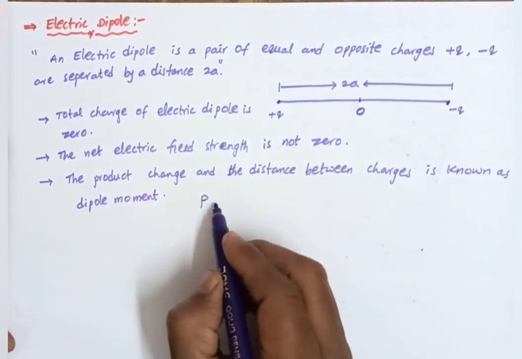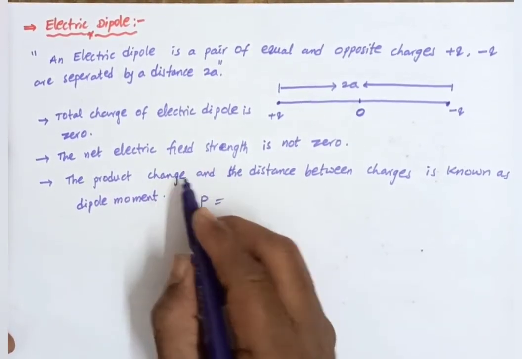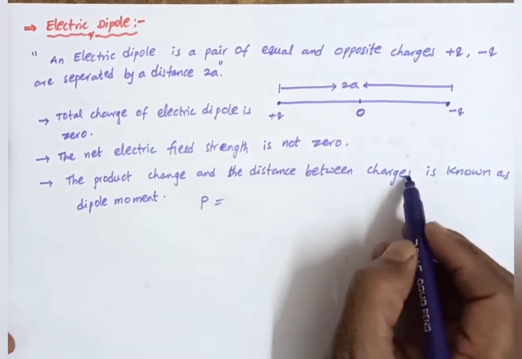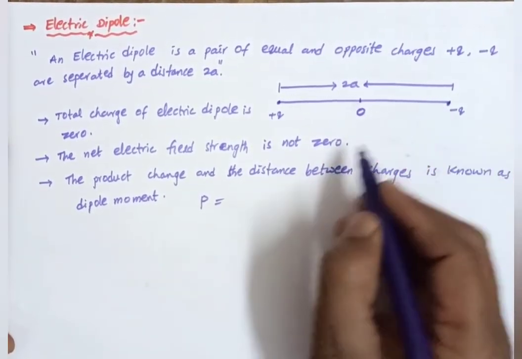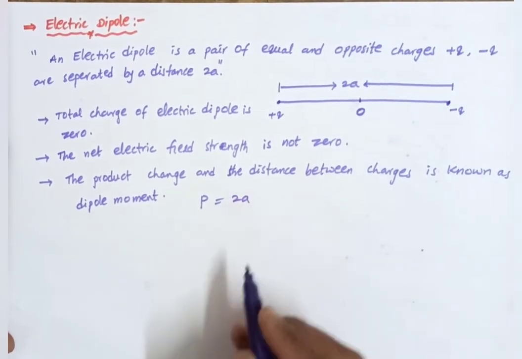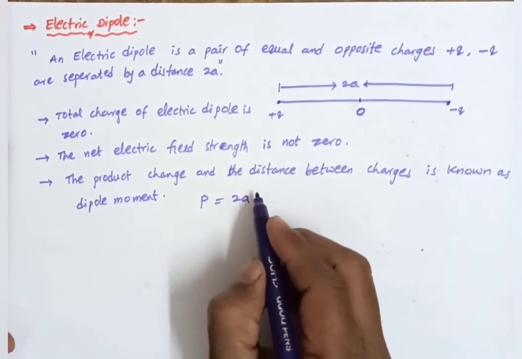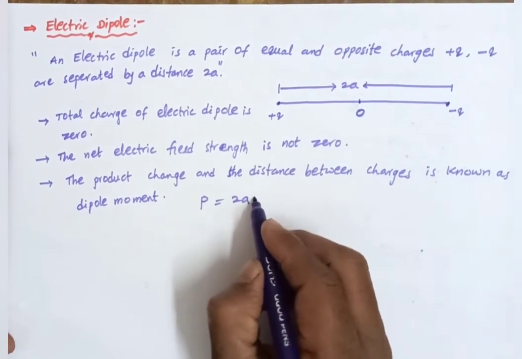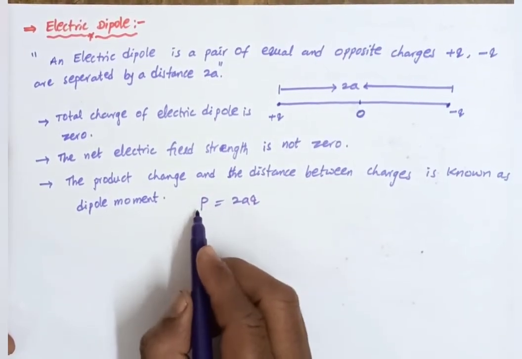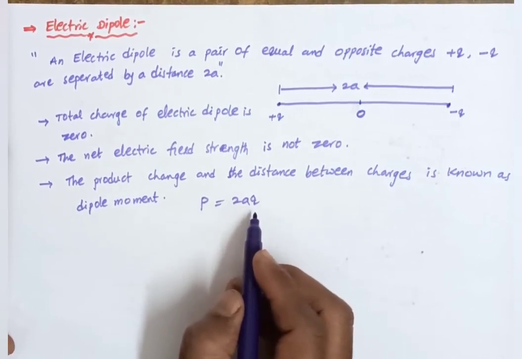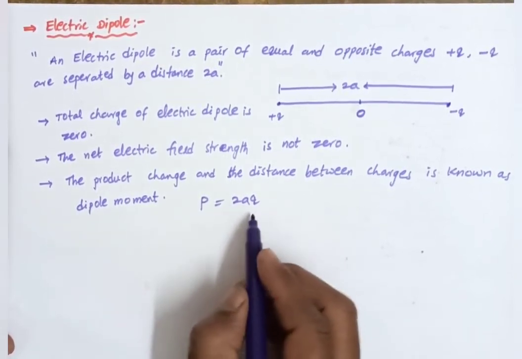So P equals charge into distance between the two charges. The distance between the two charges is 2a, and the charge is q. So this is called the dipole moment, P equals 2aq.